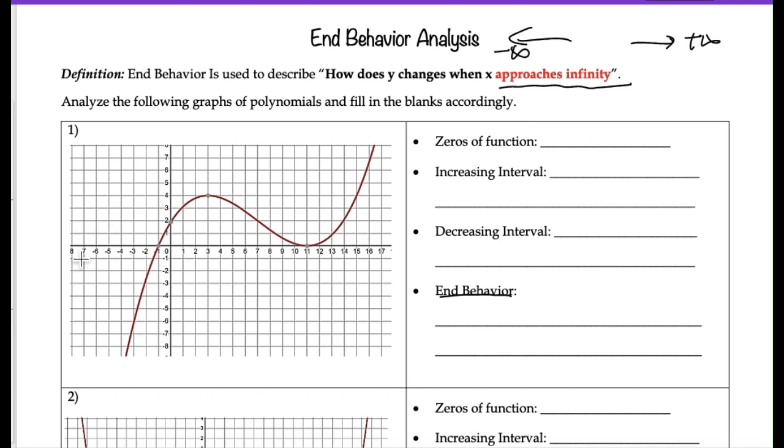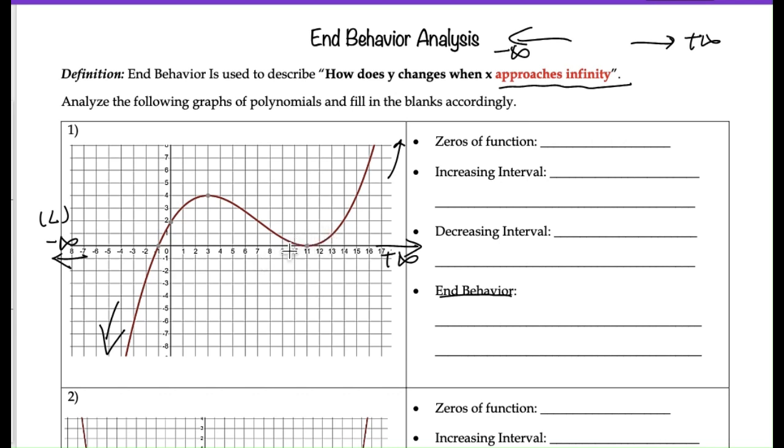So when x approaches negative infinity, the left side of the graph, as you can see, y is going down. And when we go to the right side of the graph, positive infinity, y goes up. That's the trend at the ending. Whatever happens in between, up and down or multiple waves, that's not the concern when we talk about end behavior.